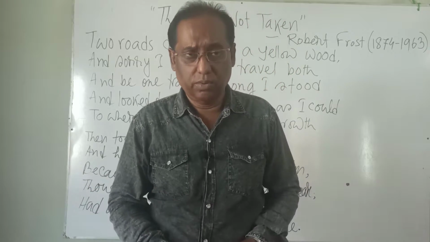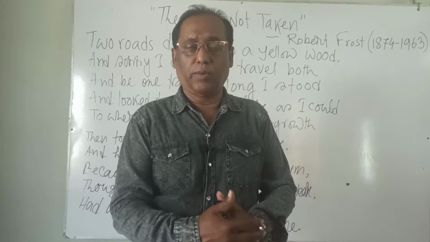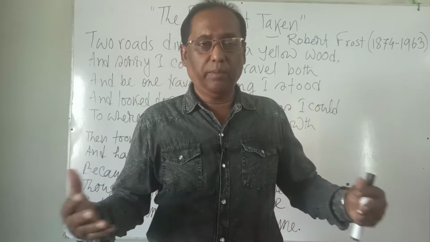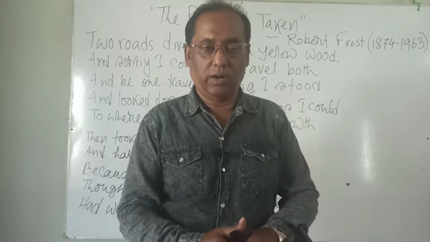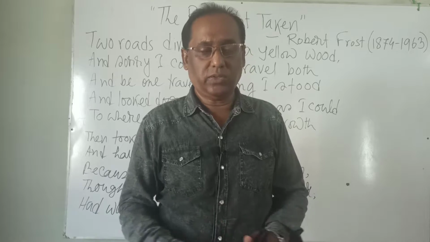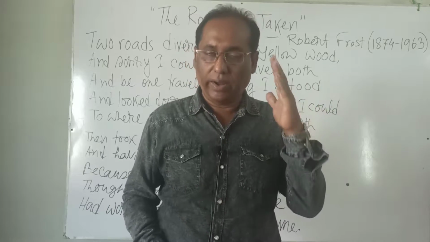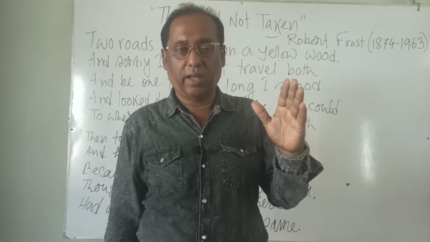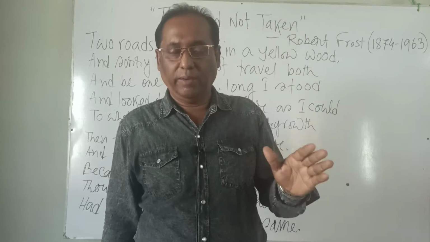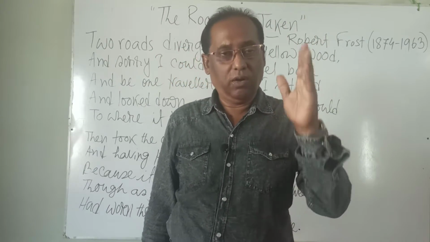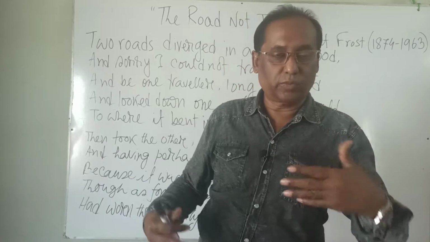I want to discuss the summary of the poem, line by line, word for word. So please look at the whiteboard and follow the poem line by line, word for word, that I want to explain.